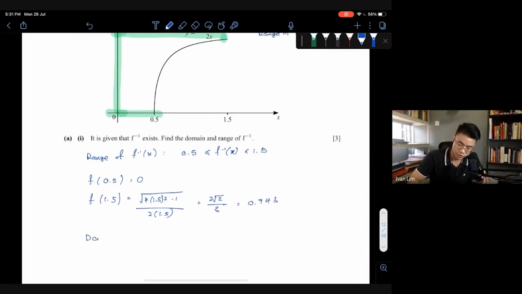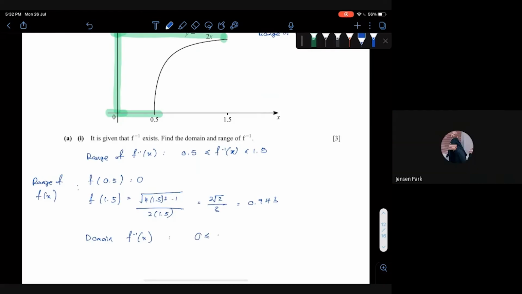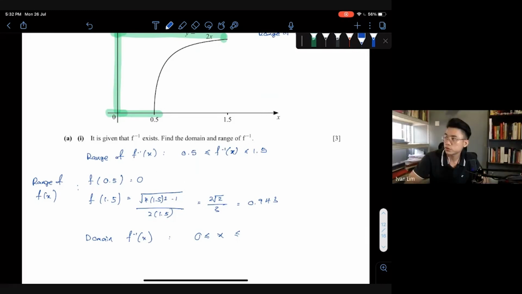Okay, so make sure you write here, your domain of f inverse x. This was your range of f(x). So domain of f inverse x will be 0 less than or equal to x less than or equal to 2 root 2 over 3.